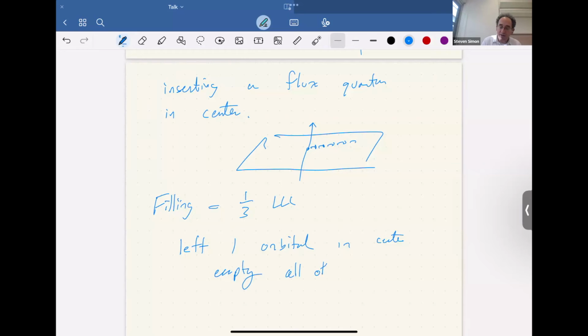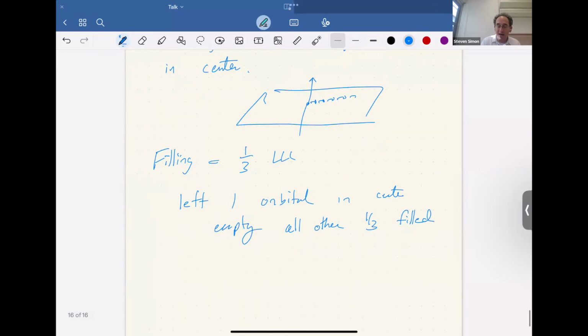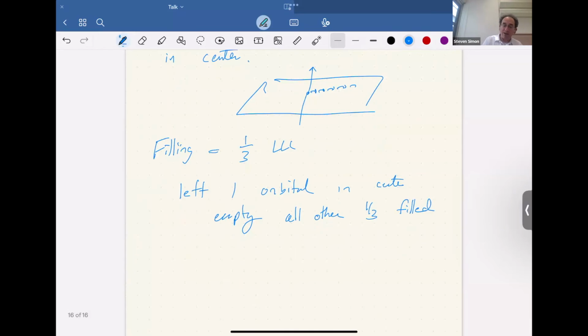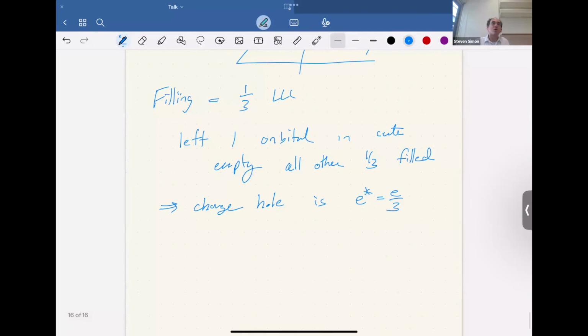I started with all orbitals being 1/3 filled, and now the one in the center is definitely empty and all others have a probability of 1/3 of being filled. It's easy to convince yourself that means the charge of the hole I left in the middle is charge E star equals E over 3. Is that obvious? Okay. So we've now created a defect with charge E over 3.